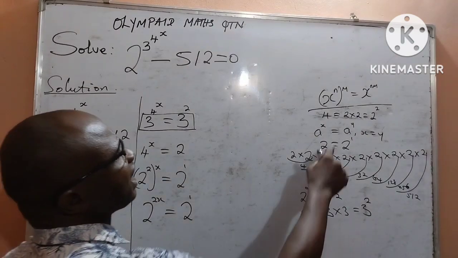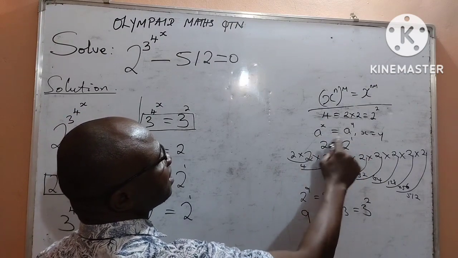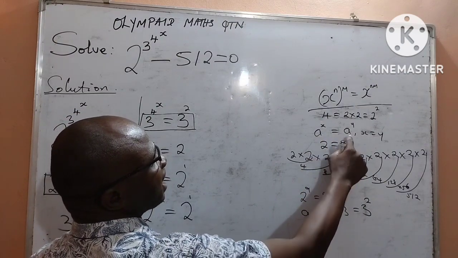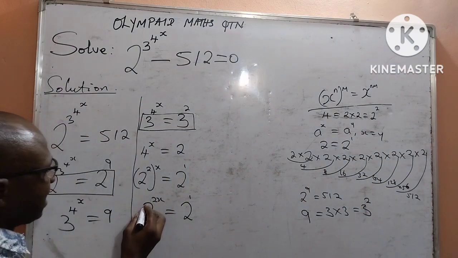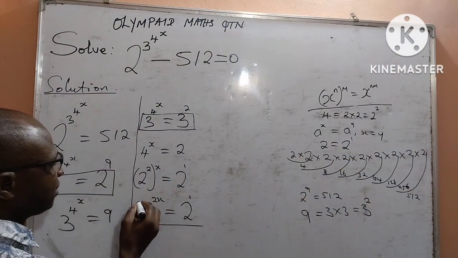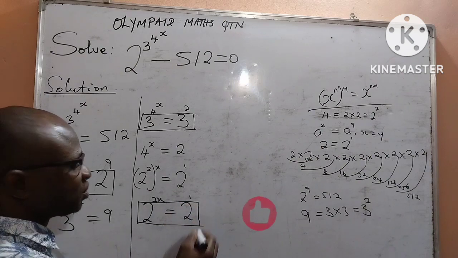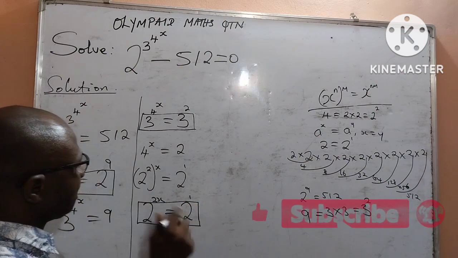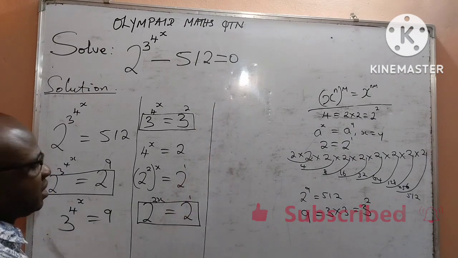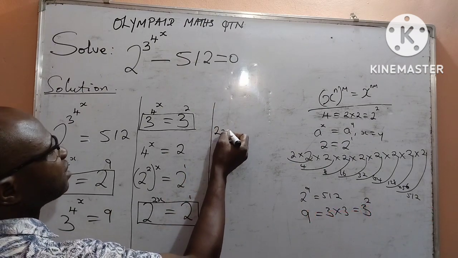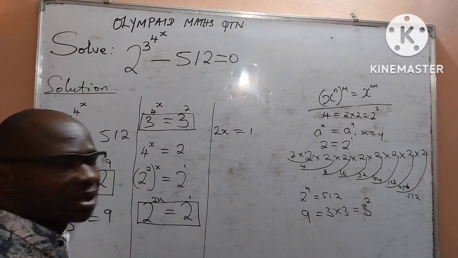At this point, we still apply the law of indices that says that when the bases are equal, the powers will now be equal. The bases here are 2 on the left and 2 on the right, so they are equal. So the powers now, 2x, is equal to 1.